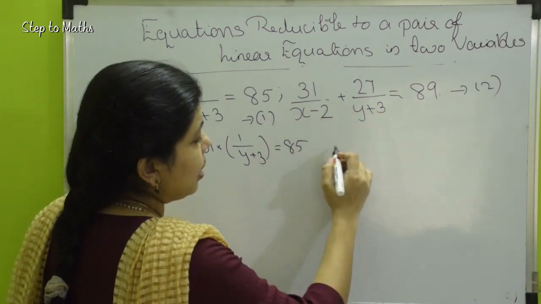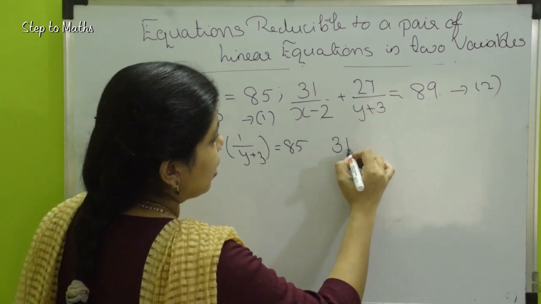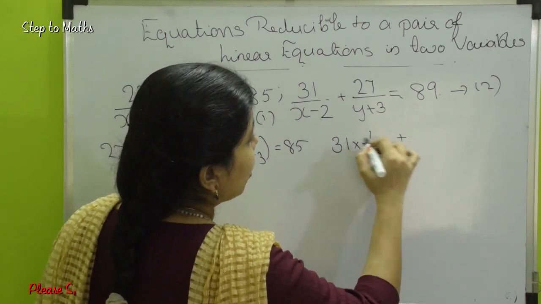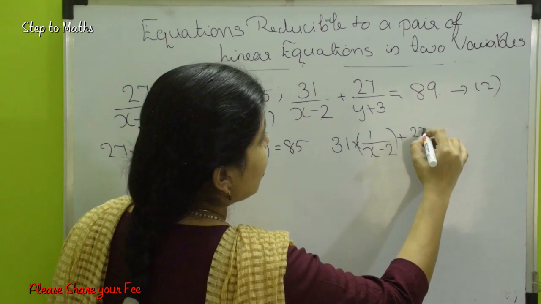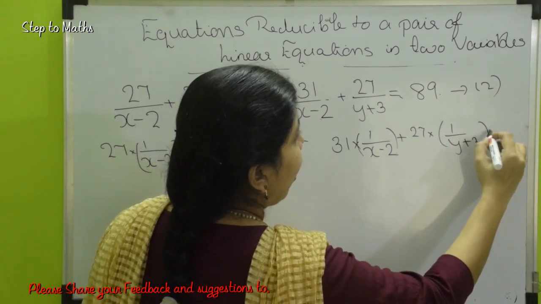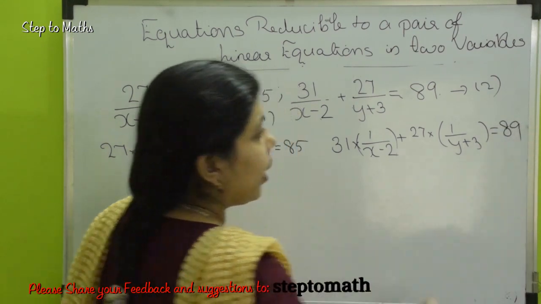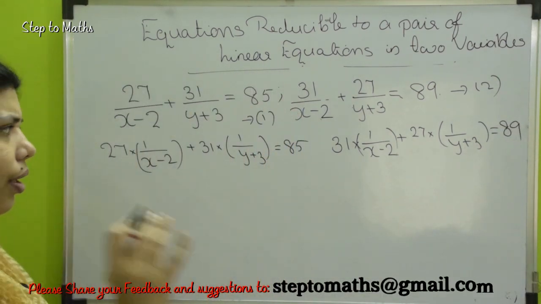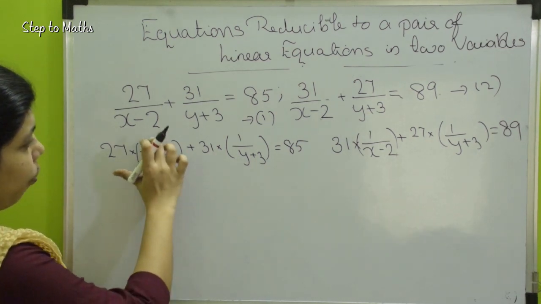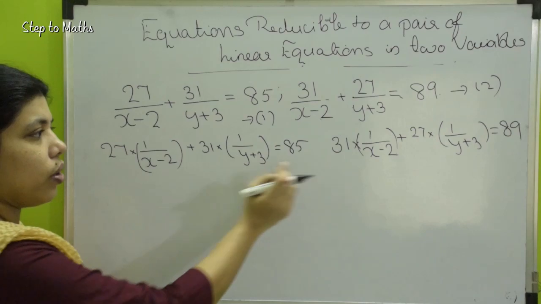In the same way, this equation we can rewrite as 31 into 1 upon x minus 2 plus 27 into 1 upon y plus 3 equal to 89.